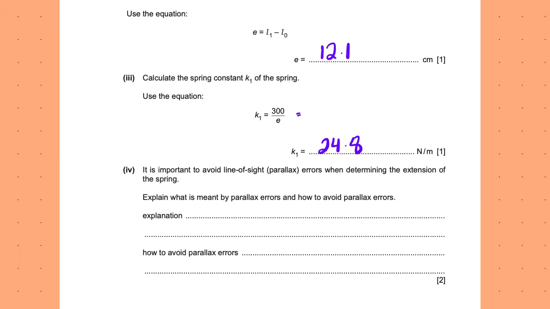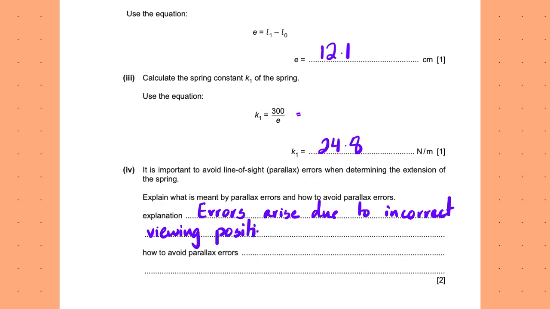It is important to avoid line of sight parallax errors when determining the extension of the spring. Explain what is meant by parallax errors and how to avoid parallax errors. So parallax errors arise due to incorrect viewing positions when taking a reading.